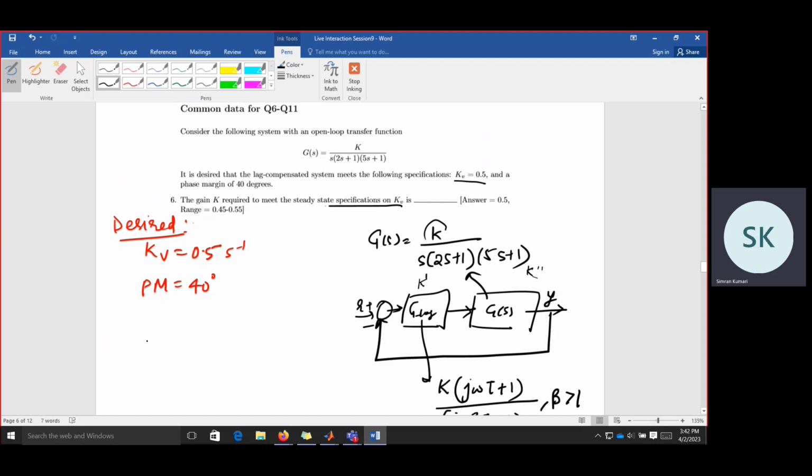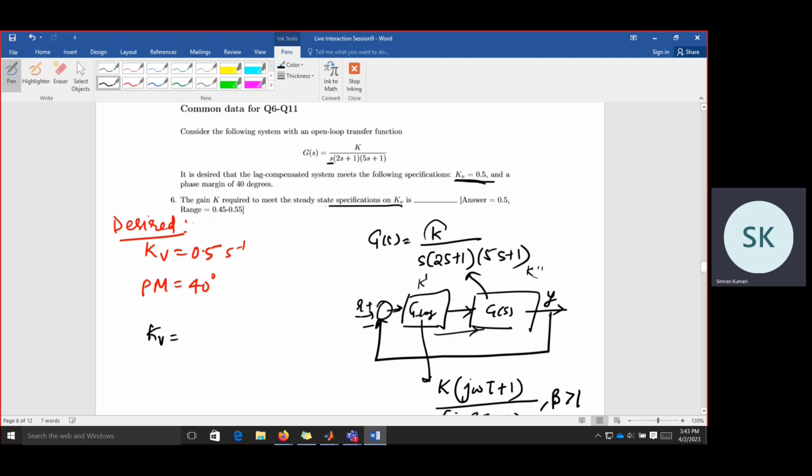So what would be Kv? One more thing. Since the specification is in terms of velocity error constant, why not a simple step error constant? We have an integrator, so we can say integrator dynamics in the forward path.